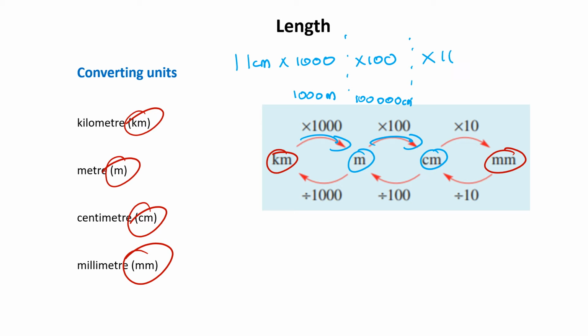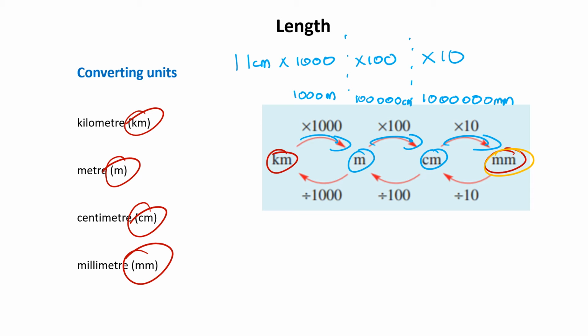Then if I multiply that by 10, because that's my next one I do, that would give me the number of millimeters. So that means I would have 1,000,000 millimeters. Okay, so each step I'm increasing what that number is going to look like to go from a kilometer. So if I said I'm going to go 1 kilometer, that's the same as saying I'm going to go 1,000,000 millimeters.